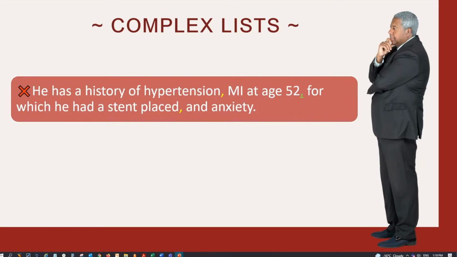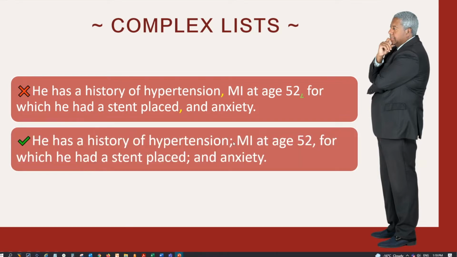So when you notice that you've got a comma between commas, you're going to make those external commas into semicolons. And that's all a complex list is. It's not quite as scary as it sounds. So that's just something to keep in mind and keep an eye out for.